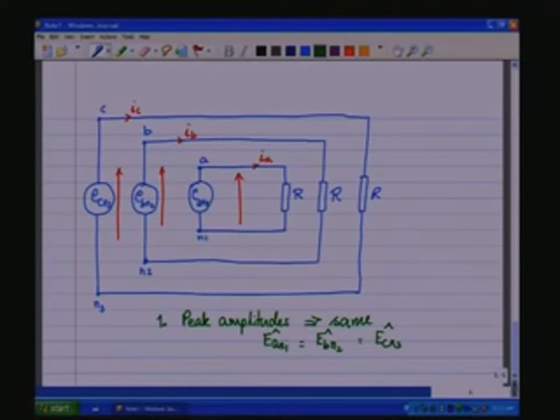The peak values of all the three sinusoids will be the same. That is the first constraint.